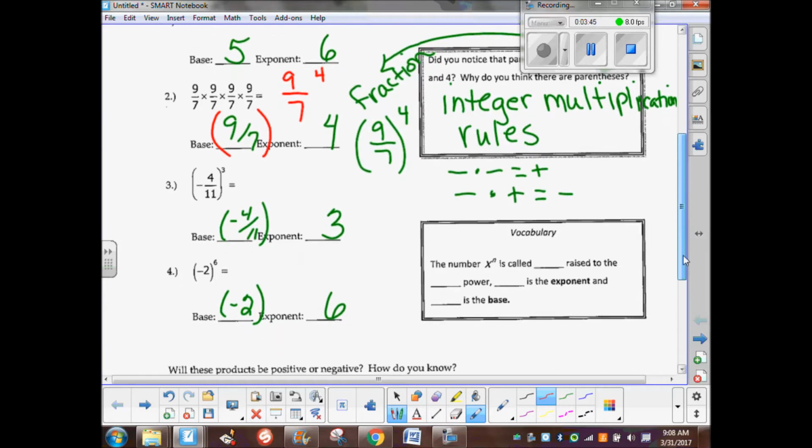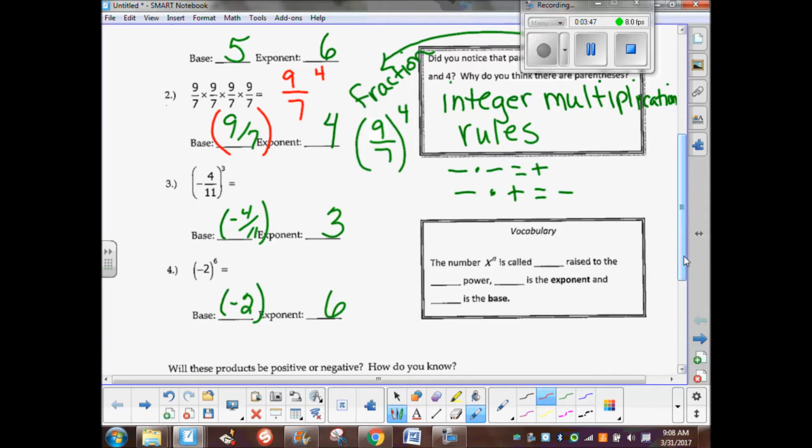Let's talk about number 3 and the parentheses and the fraction. So I said make sure we do this. Let's just look at the sign there. What's a negative times a negative? Positive. Positive times a negative is negative. So my final answer is negative. What if I take away the parentheses?